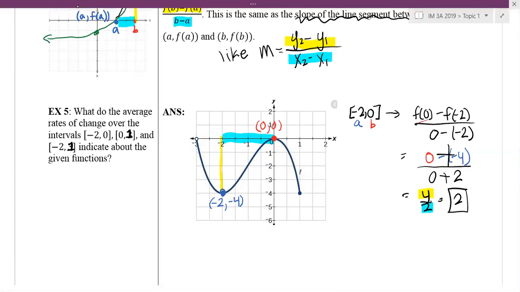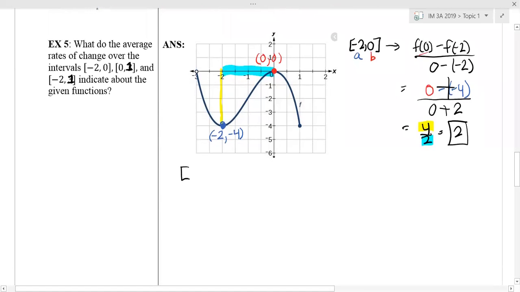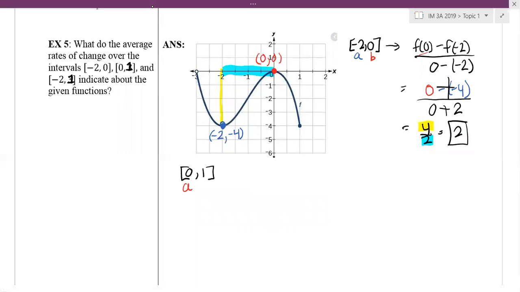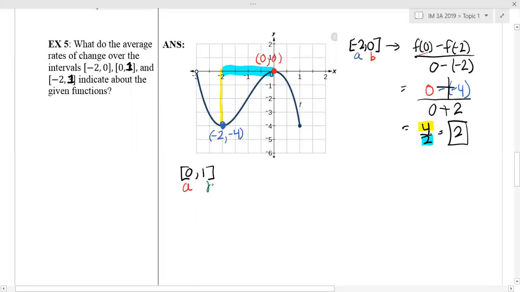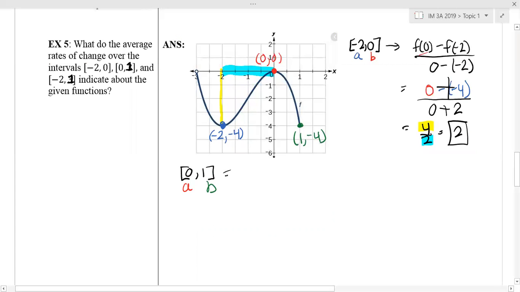Let's just look at one more. So let's look at the 0, 1. So if I identify 0, 1, 0 is going to be my A, and then 1 is going to be my B. So let's find the point at 1. The point at 1 is 1, -4. So if we're identifying this average rate of change, we're looking for f of 1 minus f of 0 over 1 minus 0.